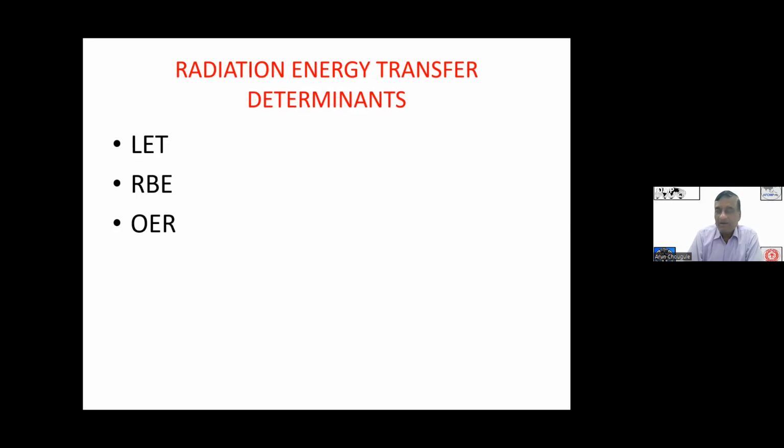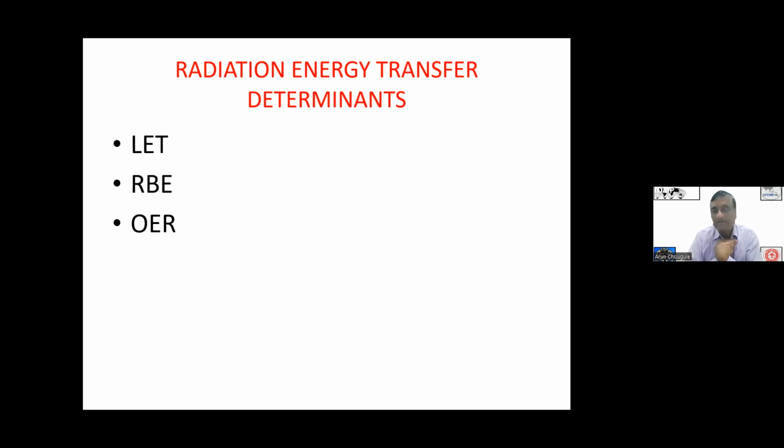For X and gamma rays, it is 0.25 keV per micrometer. For alpha particles, almost 2 MeV per micrometer. So LET is linear energy transfer. RBE, I will define all the terms as we go ahead. RBE is relative biological effectiveness. We have different kinds of radiation.